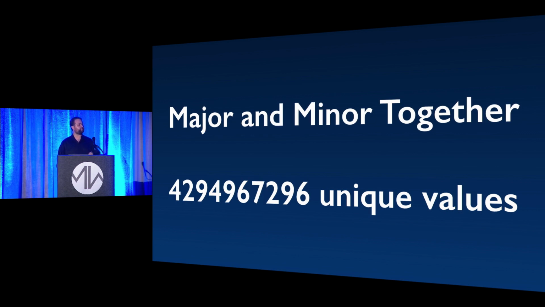When you combine the major and minor number together, you have about 4 billion different possibilities of identifying physical areas or objects around your users. Now, the typical range of most iBeacons is going to be about 50 feet or less. In most places you deploy them, it is either going to be confined spaces indoors, or if they're outdoors, you're going to have some sort of finite bounds usually. So within those constraints, 4 billion is a really big number.